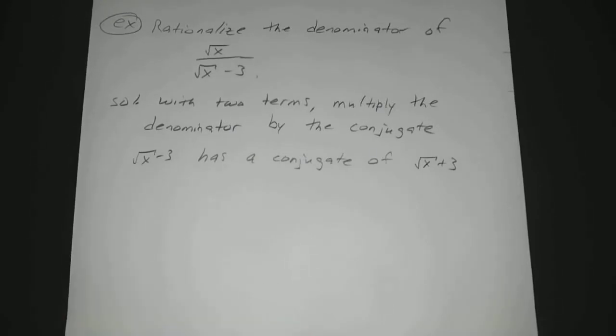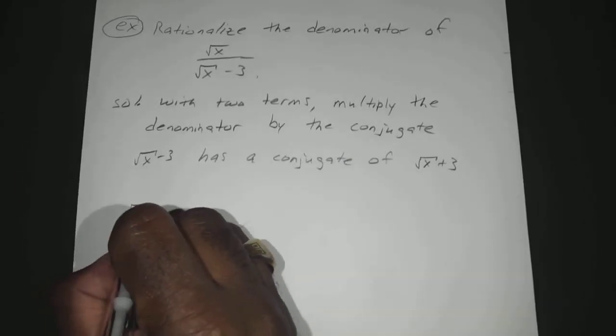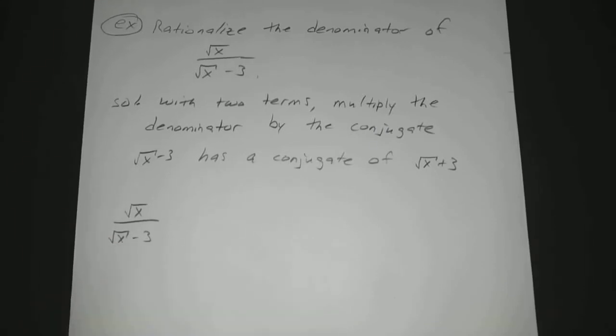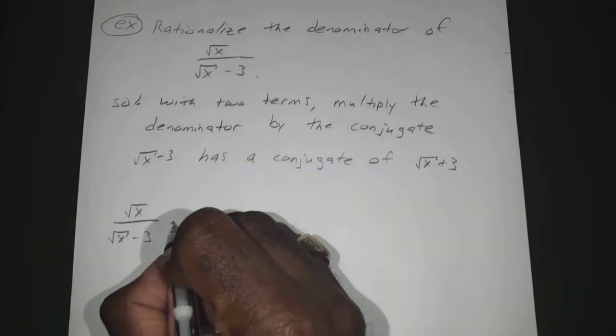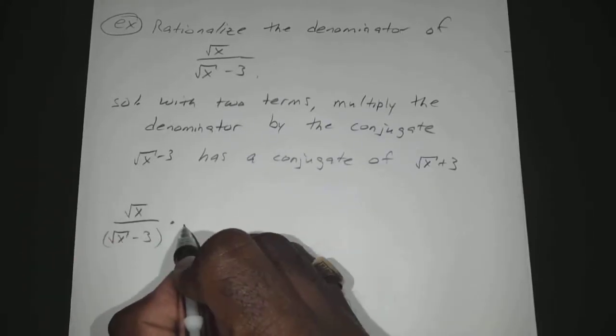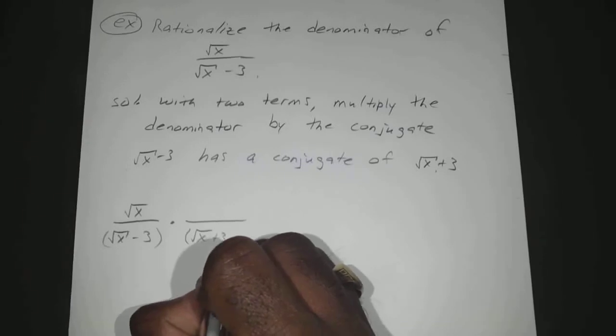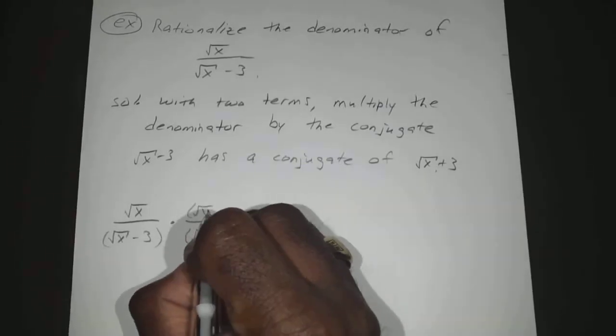Literally just changing the sign. Okay, so that means if we have our square root of x over square root of x minus 3, we're going to multiply it by square root of x plus 3 over square root of x plus 3.